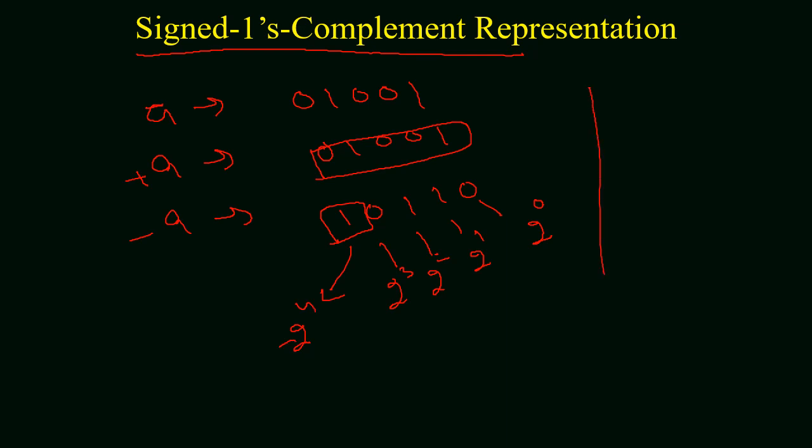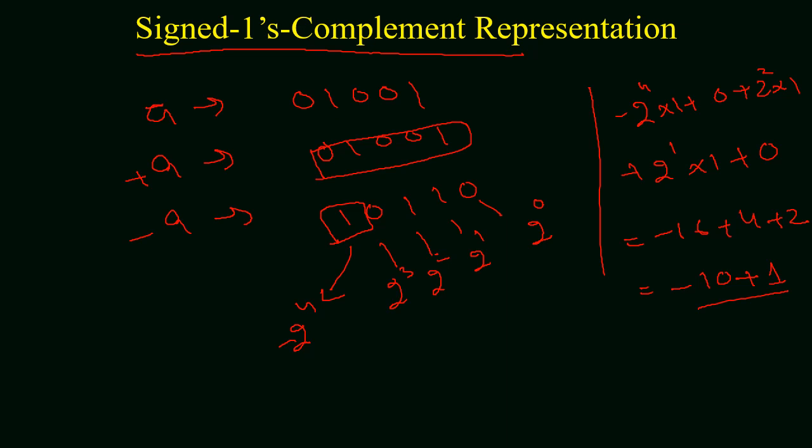Now if we calculate, we will have 2 power 4 into 1 plus 0 plus 2 power 2 into 1 plus 2 power 1 into 1 and again 0, and this will be minus 16 plus 4 plus 2, and this will give us minus 10. Adding a 1, because we are using signed 1's complement, to find the exact answer we will add 1 and this will be minus 9. So this will be the representation of minus 9.